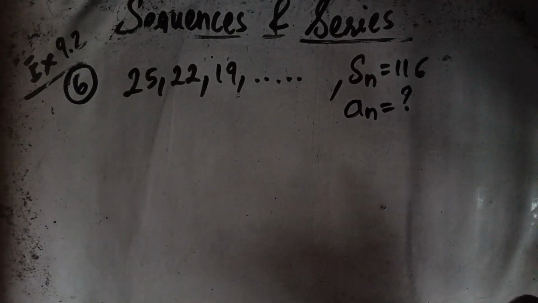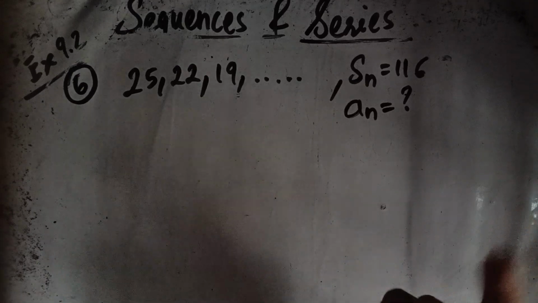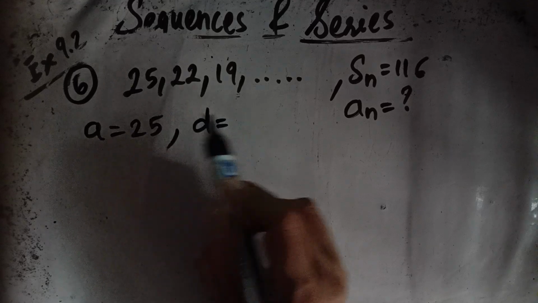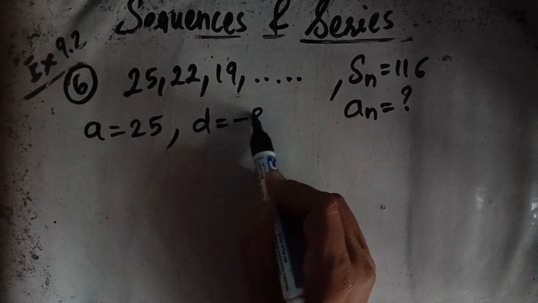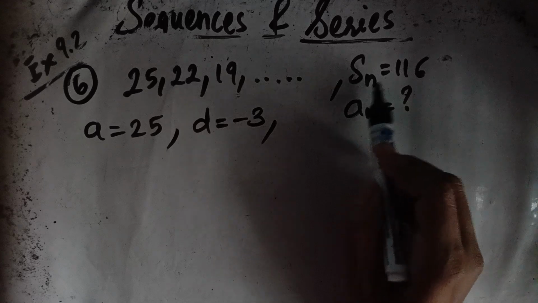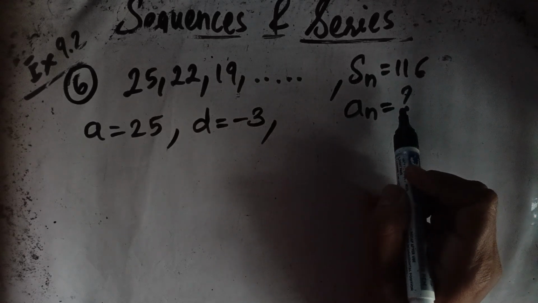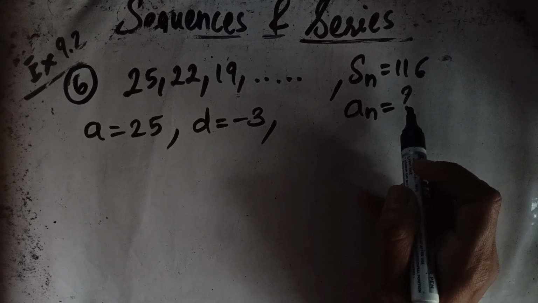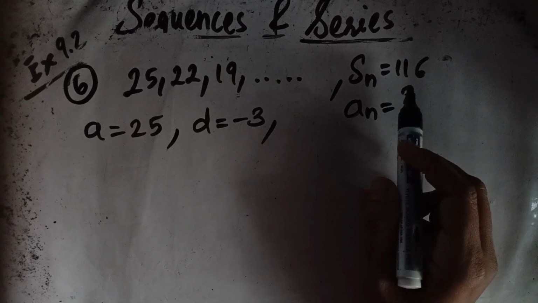First, when you read the question, you have to write what is given. Okay, here a is given. d is 22 minus 25, which is minus 3. Sn is given. An you have to find. Okay. And we don't know n. So Sn is given. From that we can find n.